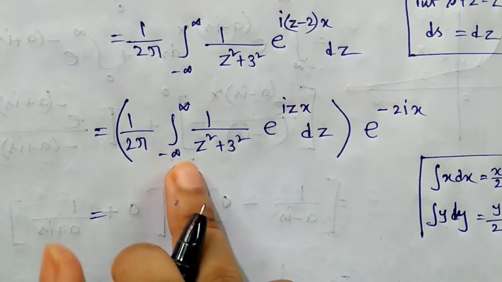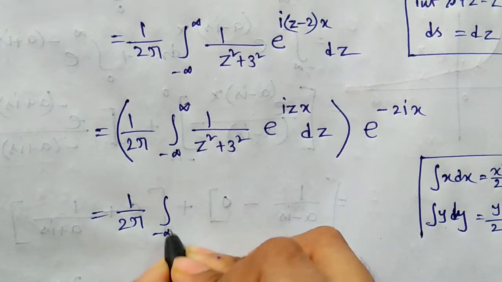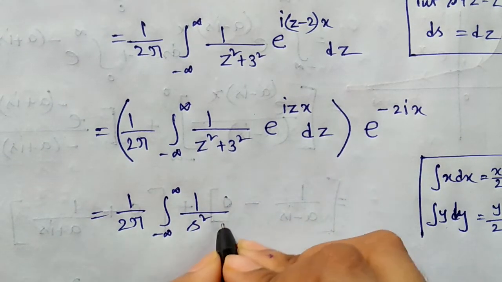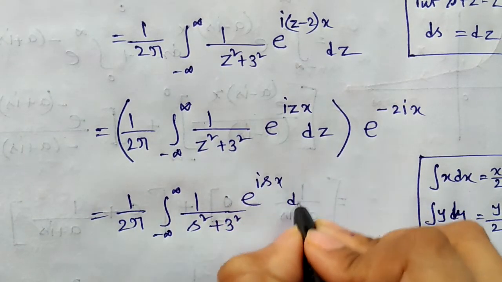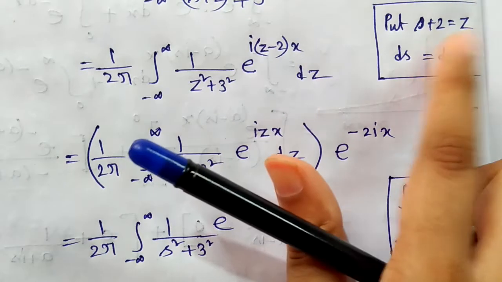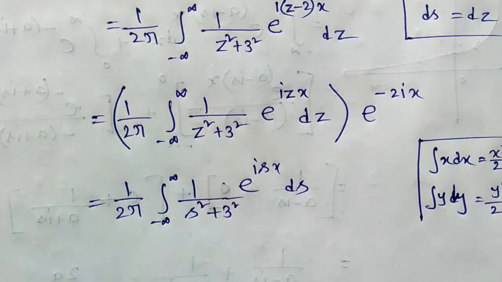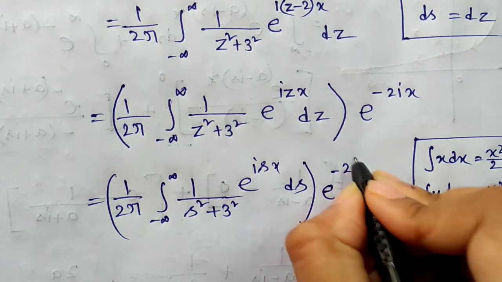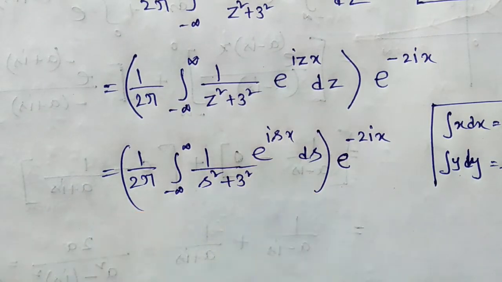So we write it in this way, just changing the variable: e to the power isx ds. Just change the variable, not putting the value of z from here. I use s variable in place of z. And this is e to the power minus 2ix.